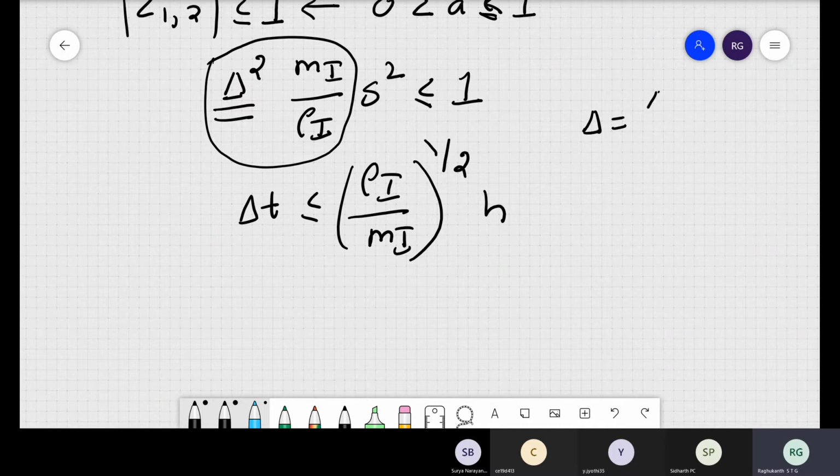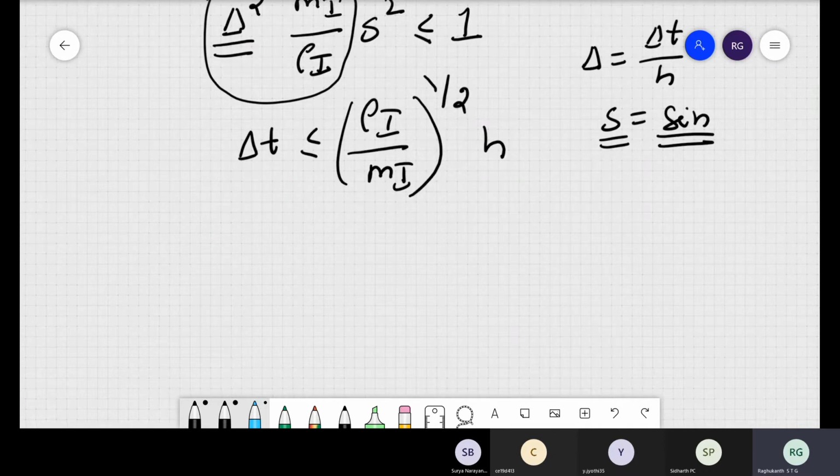As already said, delta is delta t by h, and S is some sine term, whose amplitude will be -1 to 1, so there is nothing to worry. If we select delta t such that it follows this criteria, then we can say the solution is stable.